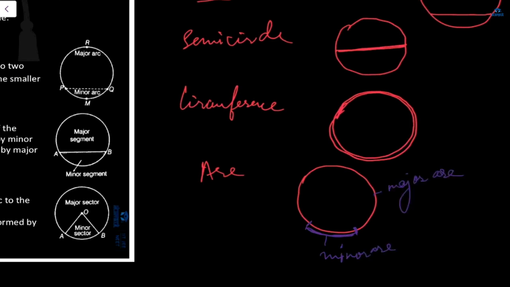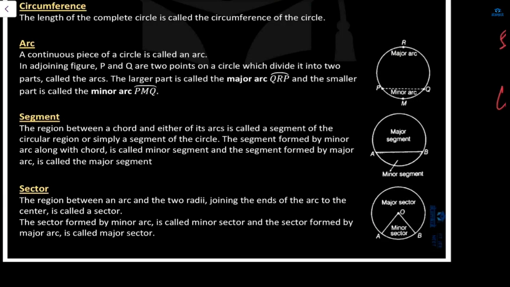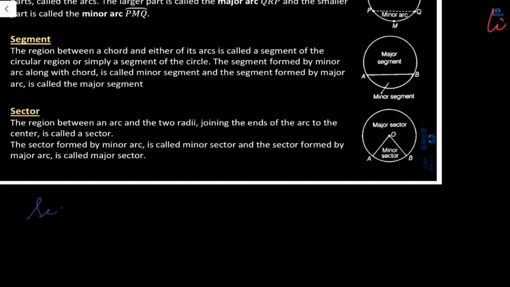Understood? Now, segment and sector. You have already come across segment and sector, I think, when we were dealing with area related to circle. A segment is the area between the chord and the arc. This area is called a segment.